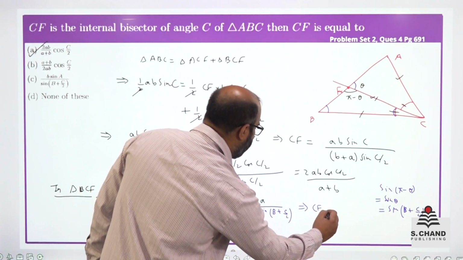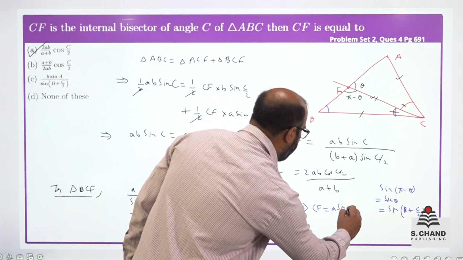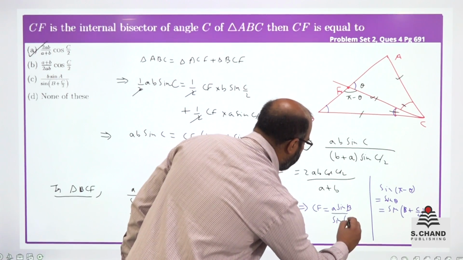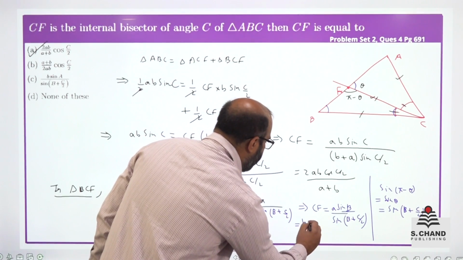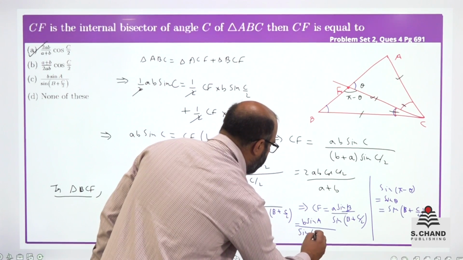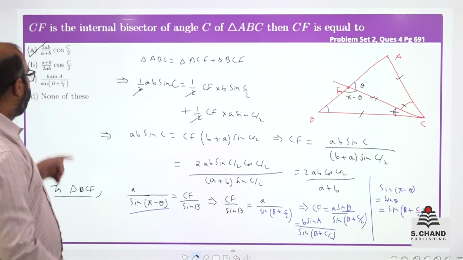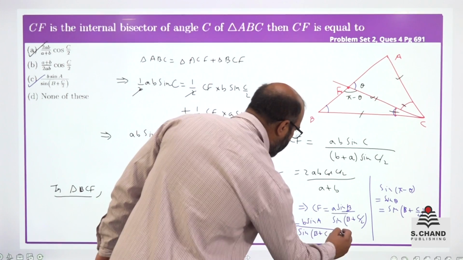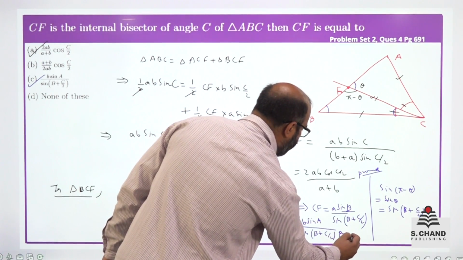So this implies CF is equal to A sine B by sine of B plus C by 2. Now A sine B can be written as B sine A. So this is B sine A by sine of B plus C by 2, which is option C, your correct option. So this is another proof. This you have proved, and this also you have proved.